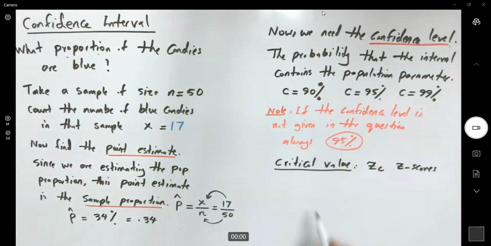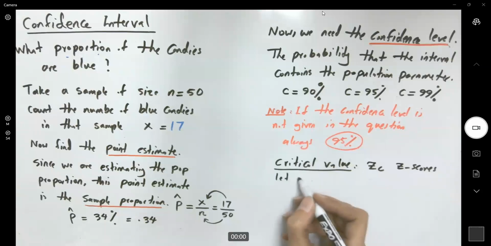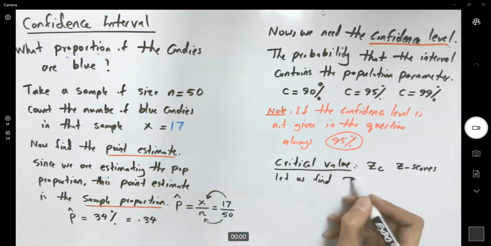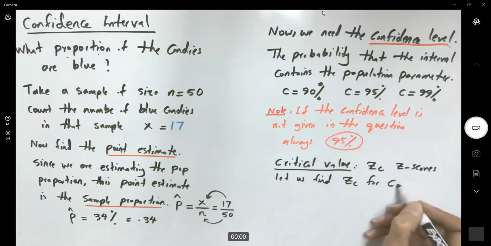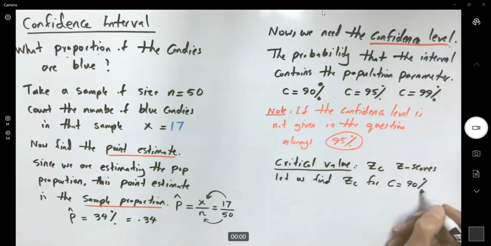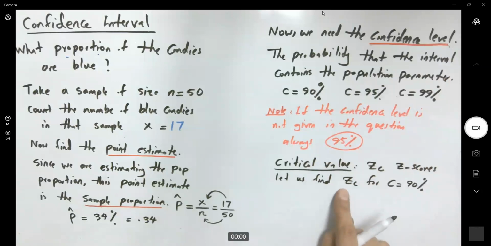So let us find ZC for confidence level 90%. So your confidence level is 90%, and we want to find the critical value for that 90%. What's the meaning of this 90%? This 90% is the area below the graph of the standardized normal distribution.